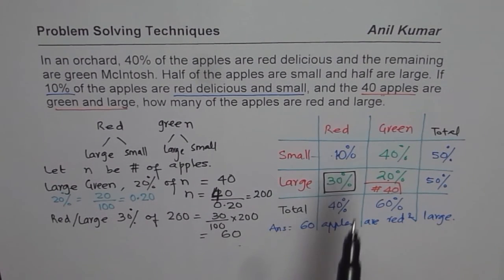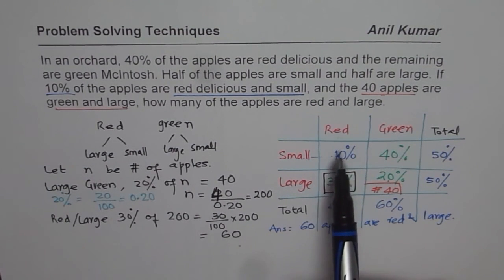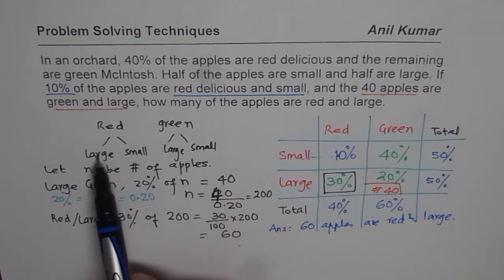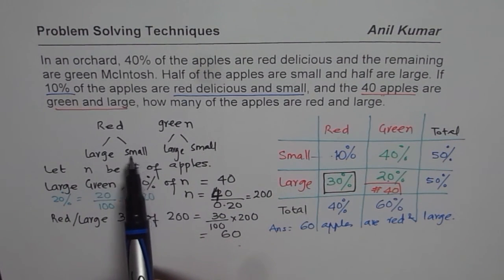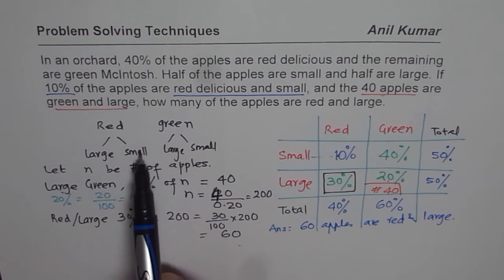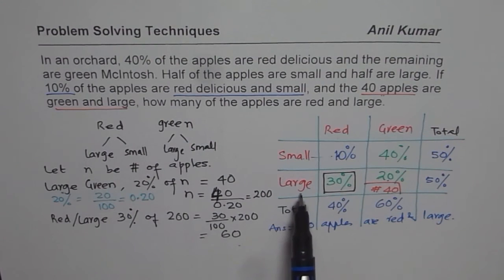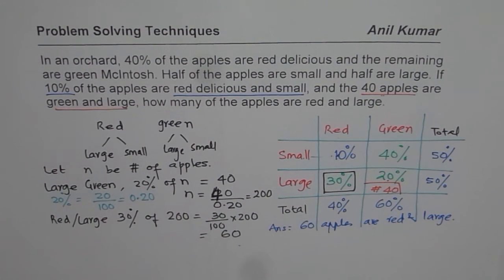So whenever you have information where there are different types of items and each has different parameters, in that case, you could form a table with rows and columns and solve the question. This is a very good technique which can help you solve very difficult questions easily. I hope that helps. Thank you and all the best.